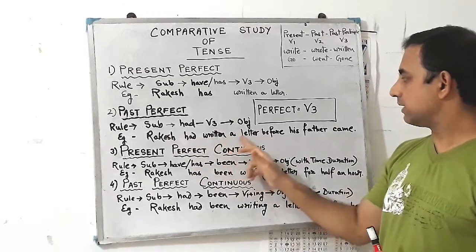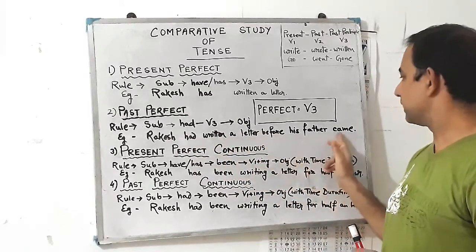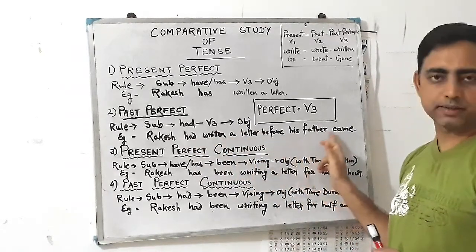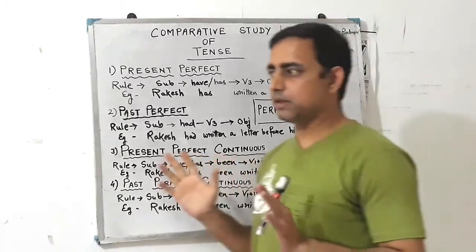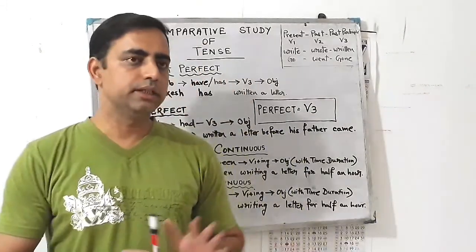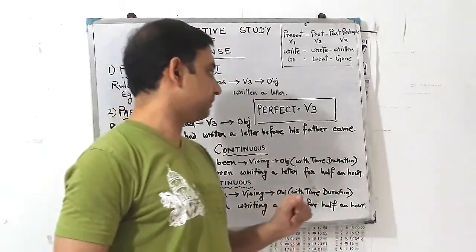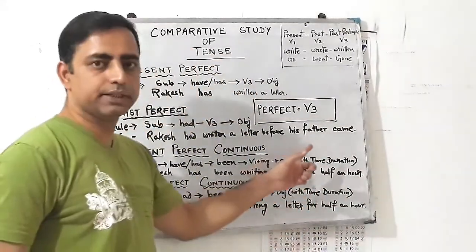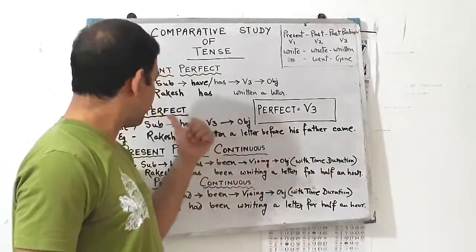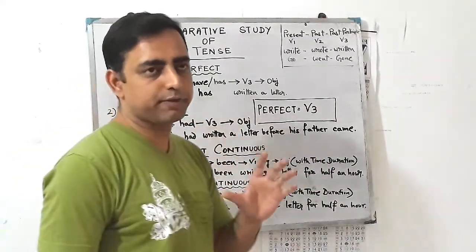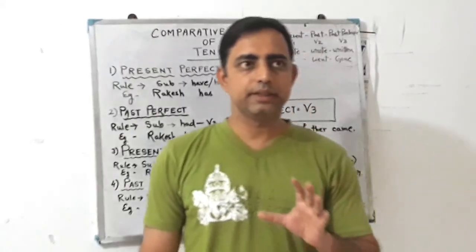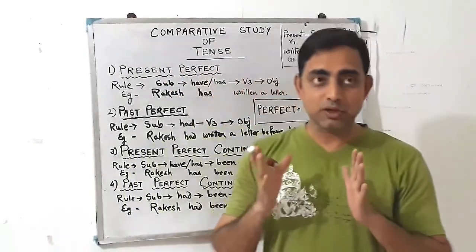Rakesh had written a letter before his father came. Now this portion of the sentence, before his father came, has been written intentionally, because past perfect tense should be written in such a way in some special condition.